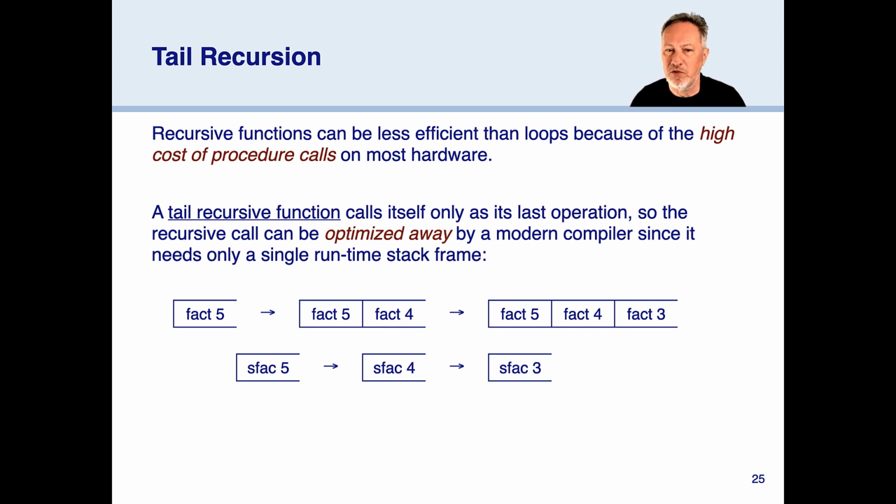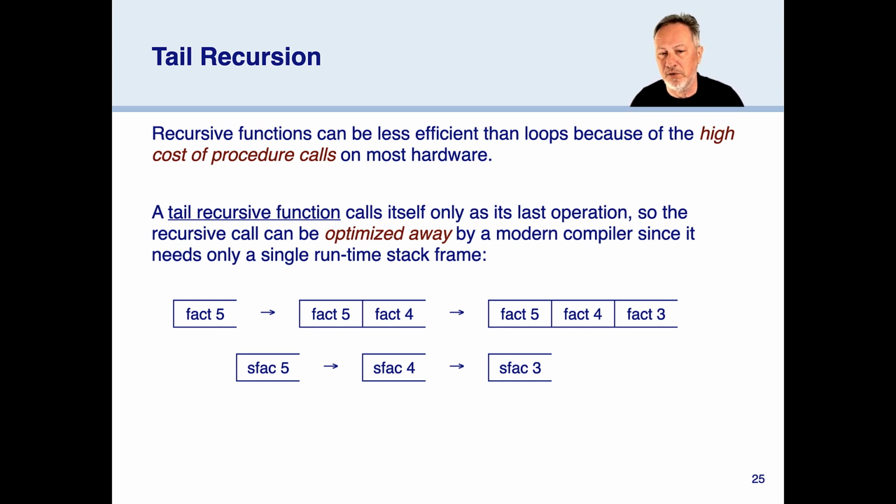However, if you have a so-called tail recursive function that only calls itself as the last operation, then the recursive call can be optimized away, since you only need a single stack frame on the runtime stack. So when we compute factorial 5, it needs a stack frame on the runtime stack.